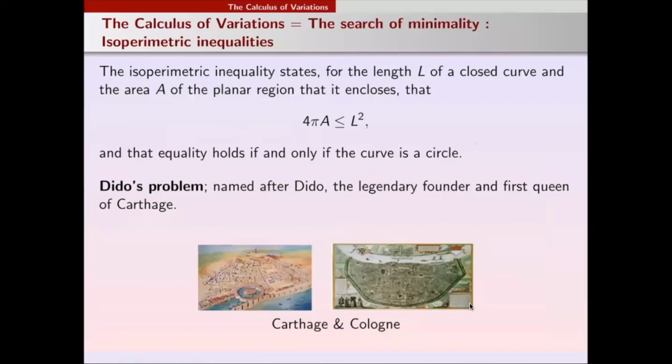And the example I was giving you before is precisely the isoperimetric inequality, right? The isoperimetric inequality says that if you take closed curves of a given length, L, and your goal is to maximize the area, then the best possible configuration is the circle, right?